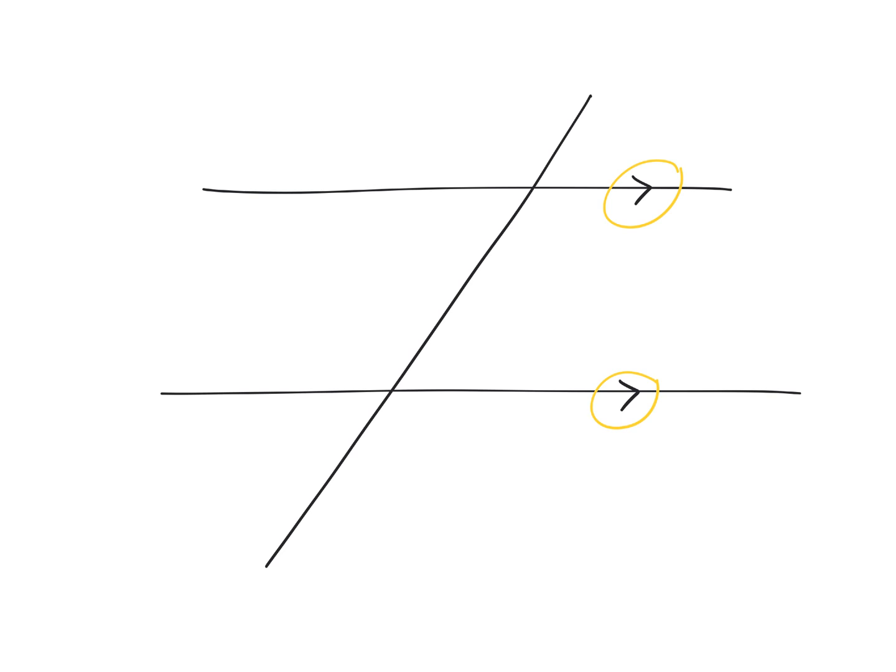One, if there's a transversal that crosses two parallel lines, we can draw an F. So everyone draw an F. You should have a highlighter or colored pen. Looking at the F pattern, we are looking for angles that correspond. It means they're in the same position.